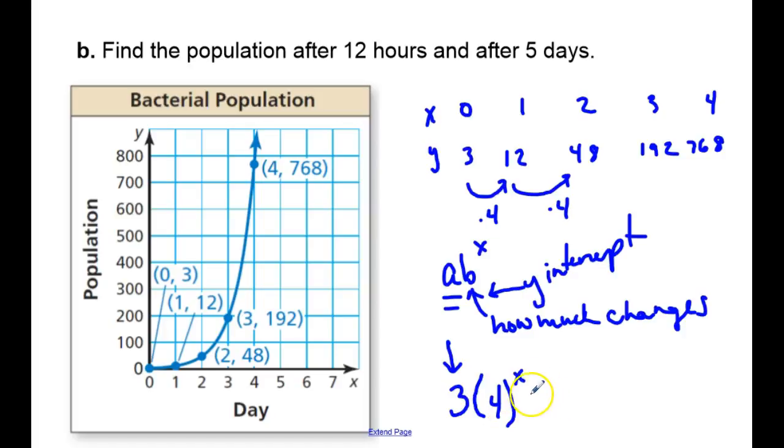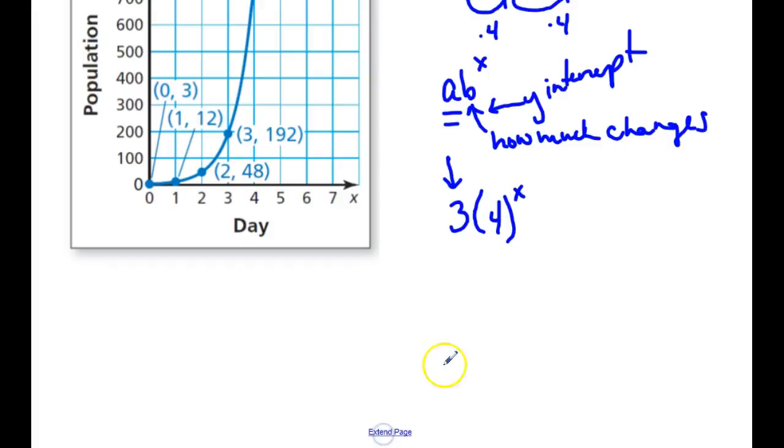So then in part B, I'm trying to find the population after 12 hours and 5 days. So again, I just take what I have and I substitute. And remember that we were given x and we're told up here that x is in days. So I know if I'm looking for 12 hours, my exponent is going to be 1/2.